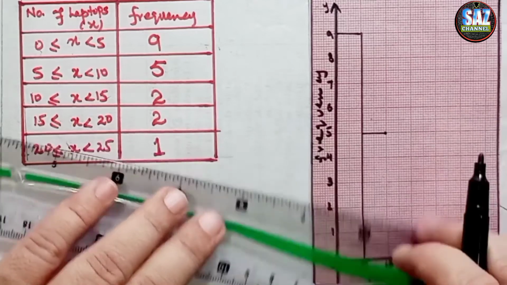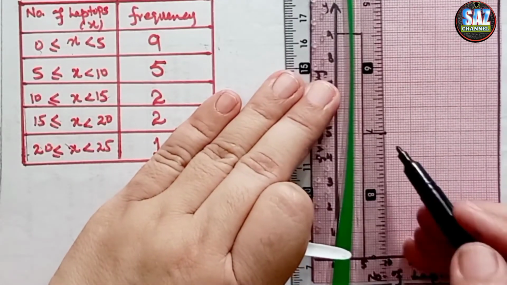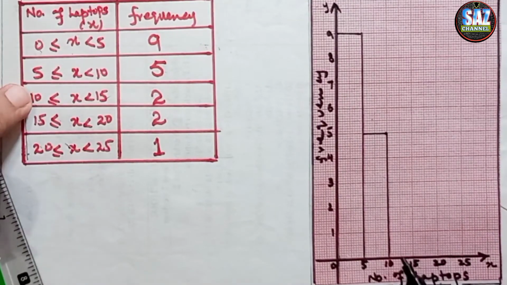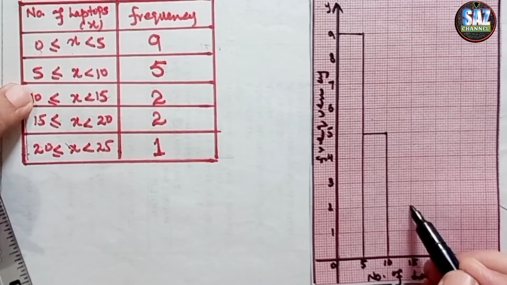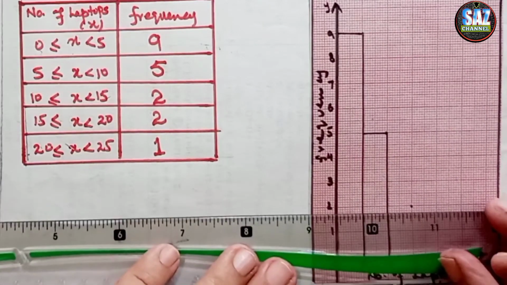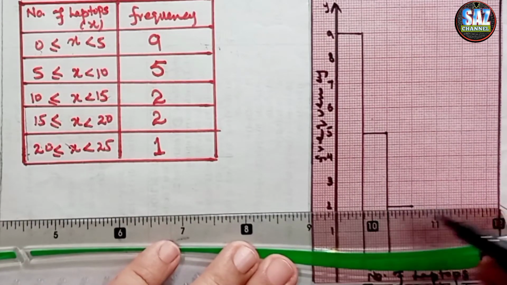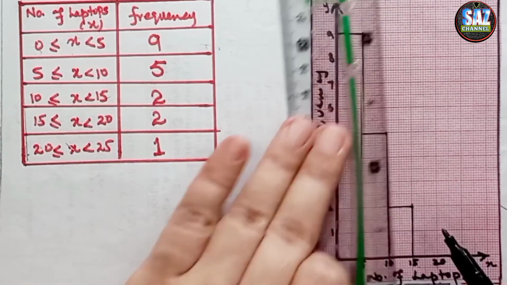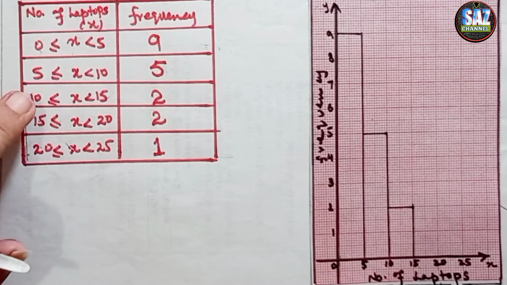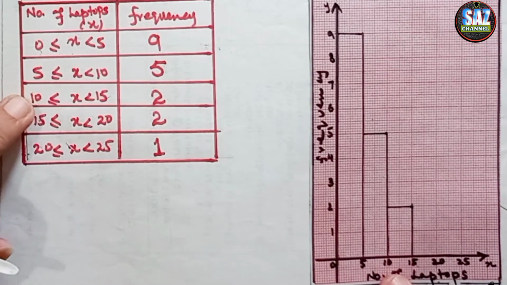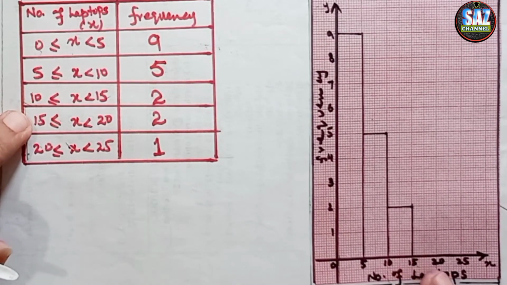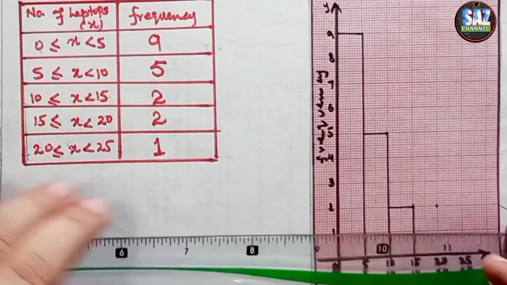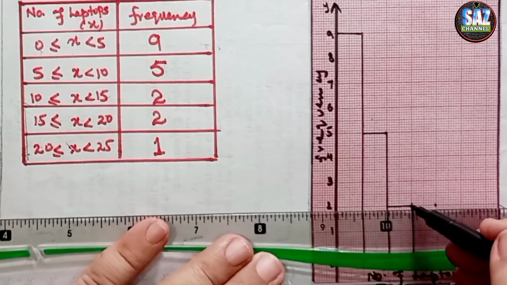Then let me come down. 5 to 10 is done, and then 10 to 15 is 2. What a beautiful graph we are getting, and enjoy your work as well. 10 to 15 is 2. 15 to 20 is again 2, so the rectangle will have the same height.